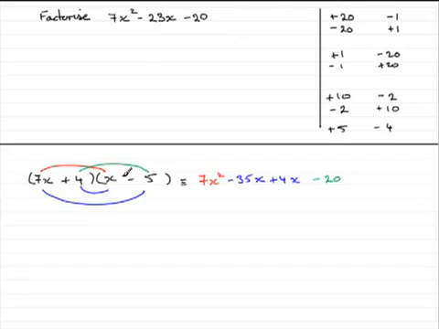So let's try and reverse the numbers. Let's put a 5 here and a 4 there. Not to worry too much about the signs, okay? We know we're going to get the minus 20 because we've got opposite signs. But what have we got now as far as the x terms go? Well, we've got 7x times minus 4, which is now going to be minus 28x.